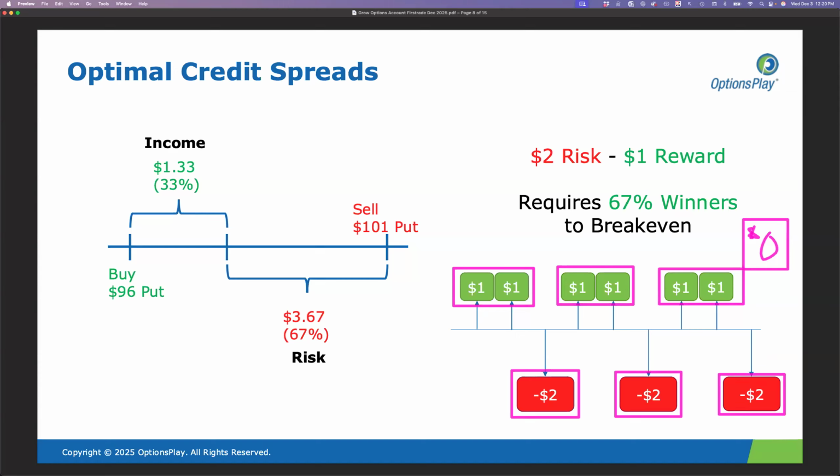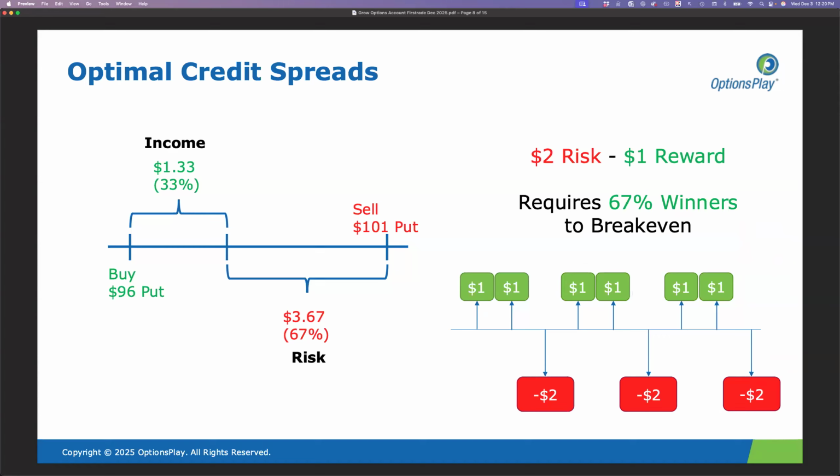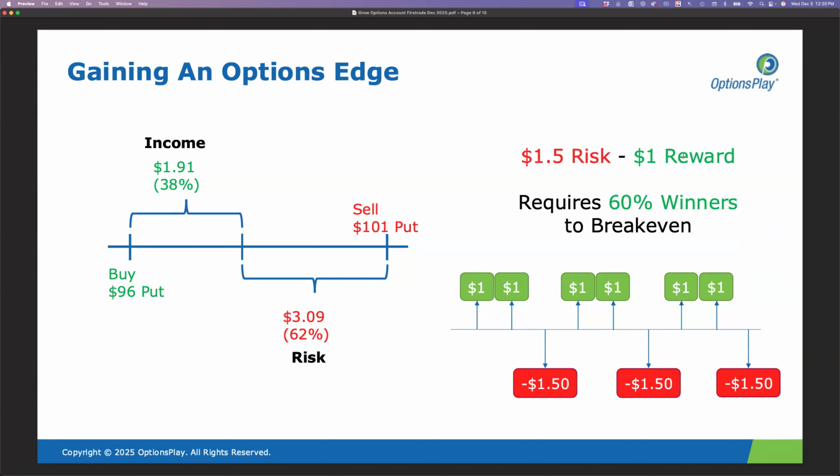But the real goal with these types of strategies is obviously not to break even. We want to try to make a profit. That's why we say we want to select option strategies where the minimum premium that you're collecting is 33% of the width, or 1/3 of the width.